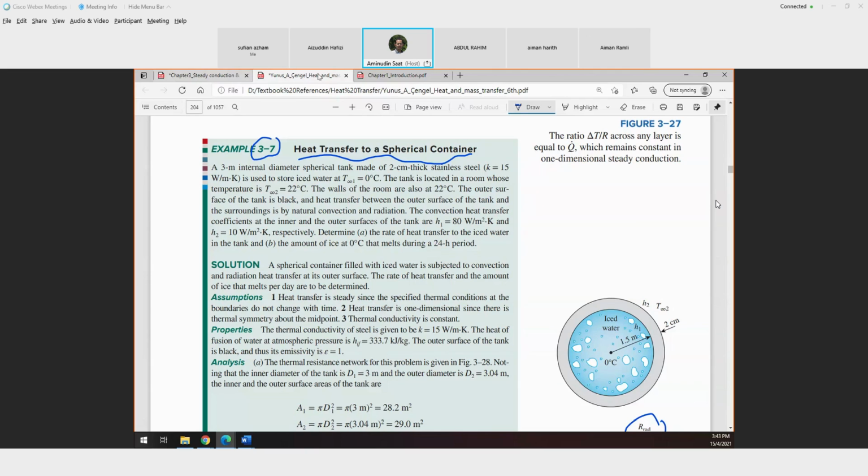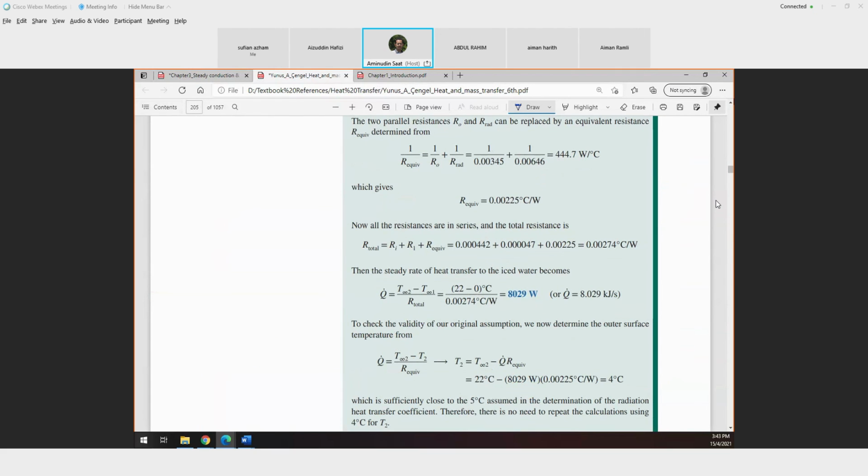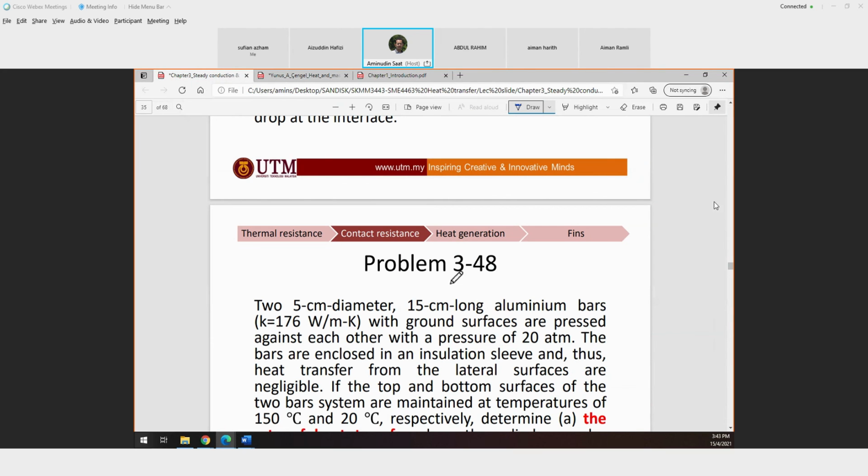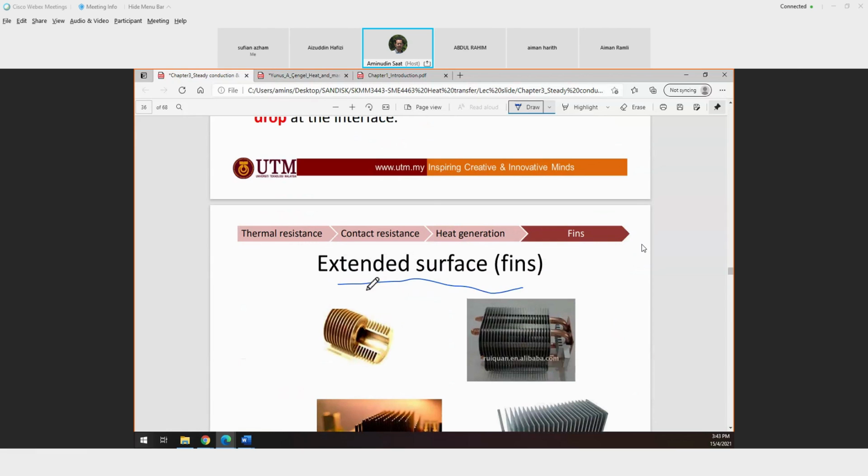Okay, so test 1 covers until thermal resistance. Let me check. I think thermal resistance, if I'm not mistaken. Not many sections have reached this topic yet, so I think this one is not in your test 1.